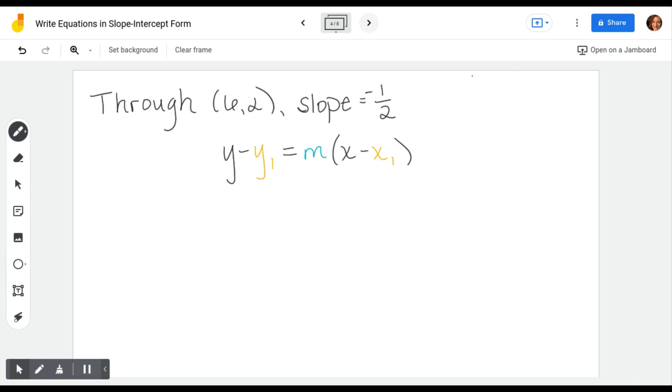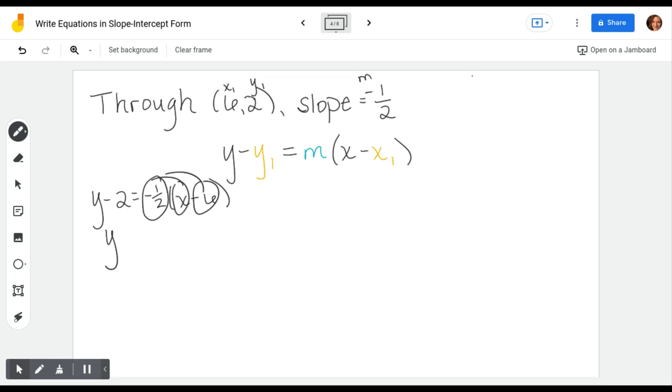Let's do another. Okay, so here's another one, where you know a point that's on the graph, and then you know the slope. So this is going to be my x1, y1. This is my m. So y minus 2 equals -1/2 times x minus 6. Start simplifying, so I've got to do my distributive over here.